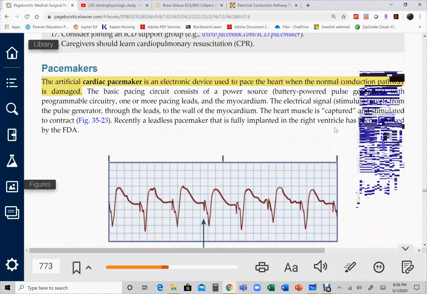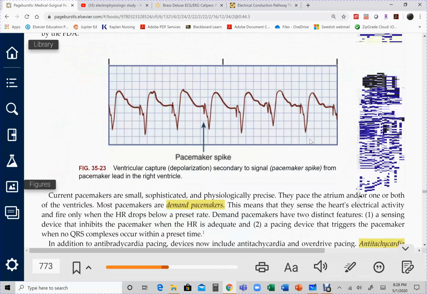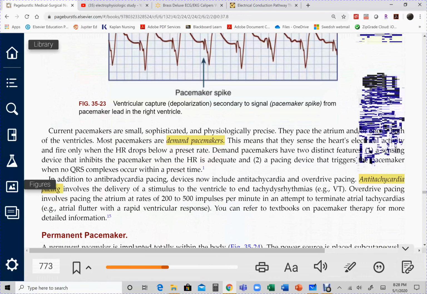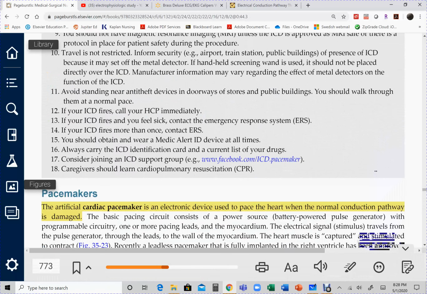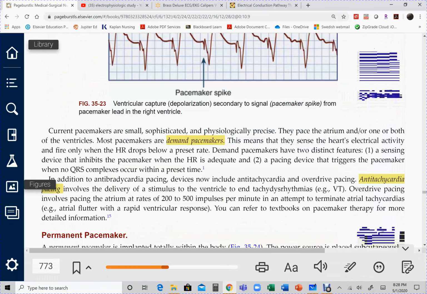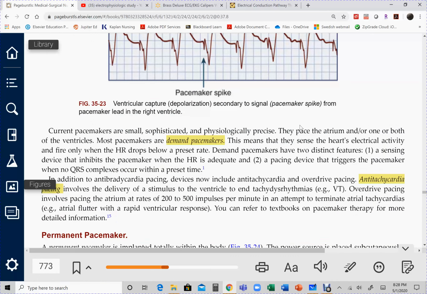Pacemakers, so we talked about this for heart blocks, second and third degree heart blocks. So there are two settings here. So it's the same as an ICD, about same size, also inserted in the same place, although you can also put the pacemaker on either side, actually, left or right.